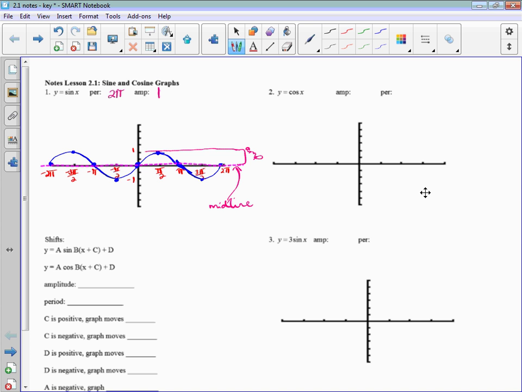Okay, questions on sine? All right, you're going to try to graph cosine. Do it exactly how we did sine. The points are obviously going to be different, but from your circle, figure out where you're going.